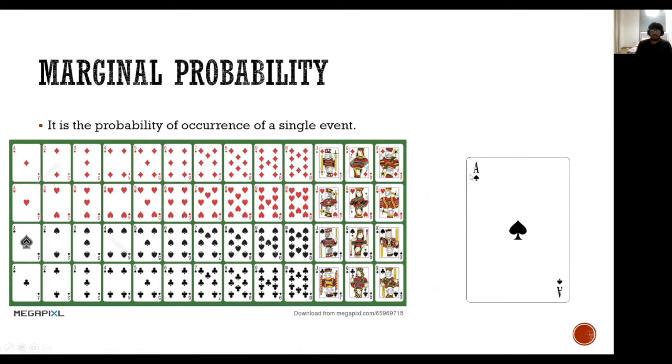For example, if we want ace, just any ace card from this deck of cards which has 52 cards in it, the probability of that would be 4 upon 52, right? Because you have 4 aces, so the probability is 4 upon 52.